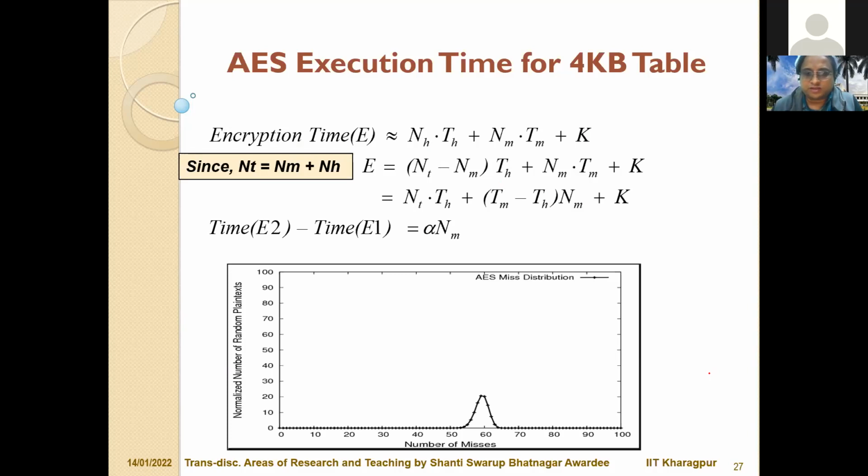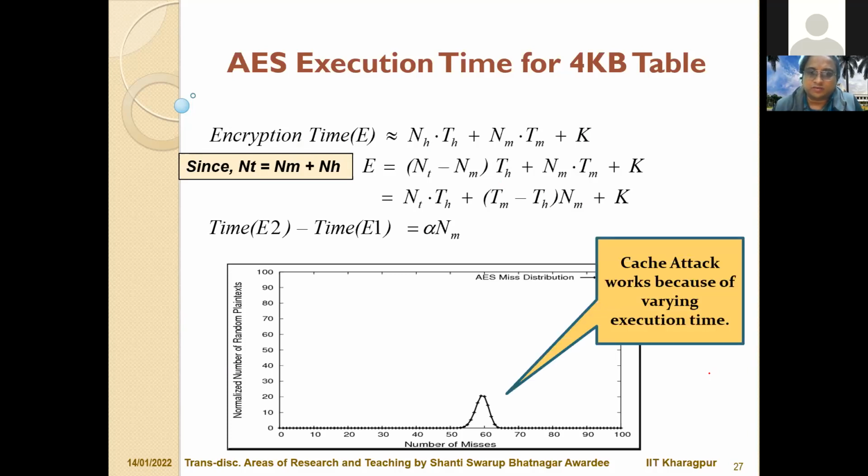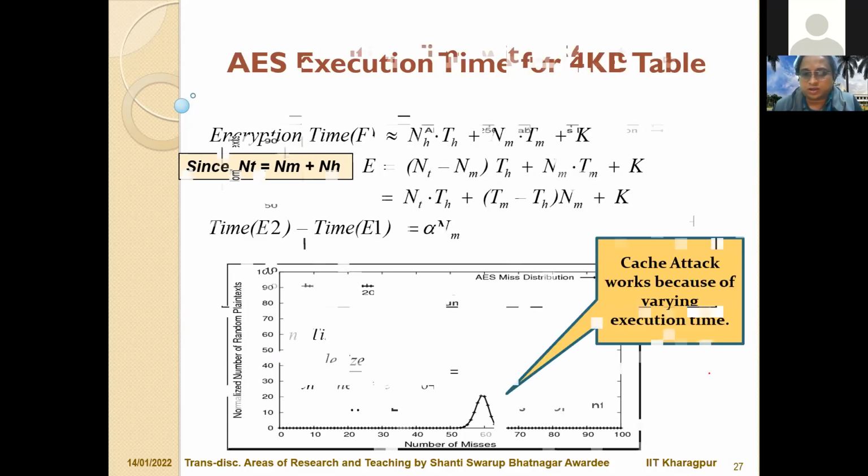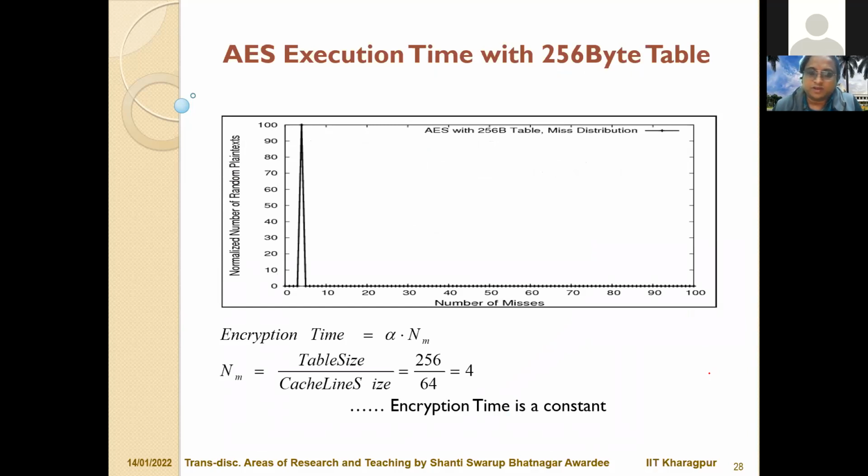So there was a popular myth in literature which says that probably this will not work if you implement using a smaller table. So that means if you implement the AES cipher using a smaller table, maybe a 256 byte table, then because the table is small, after a few rounds of encryption, the entire table gets loaded into the cache, and after this you get constantly cache hits.